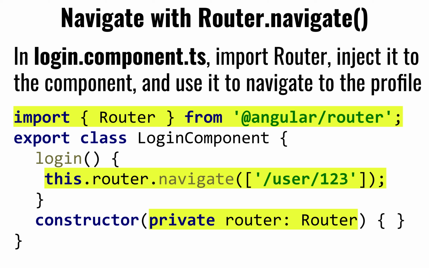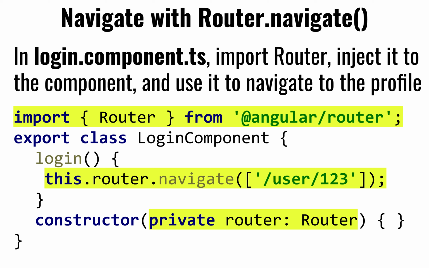Sometimes that URL is complex and it's not just one string. It might be the concatenation of multiple strings with values and IDs and all sorts of stuff in there. So the navigate function allows us to provide an array of strings that are going to be concatenated together to make the long string.